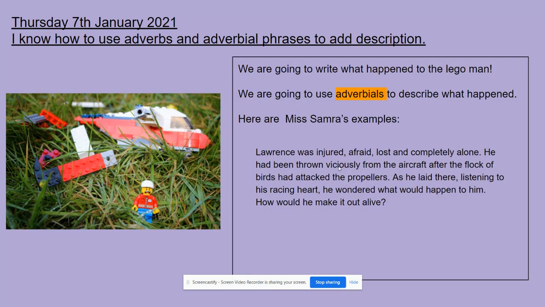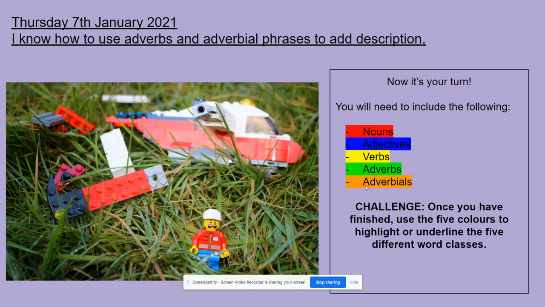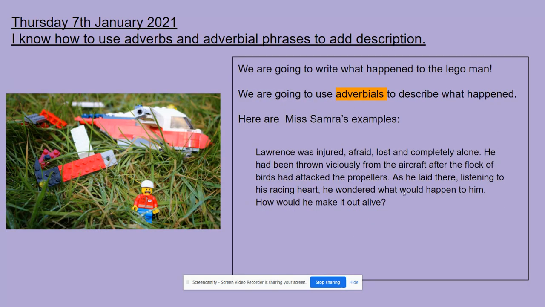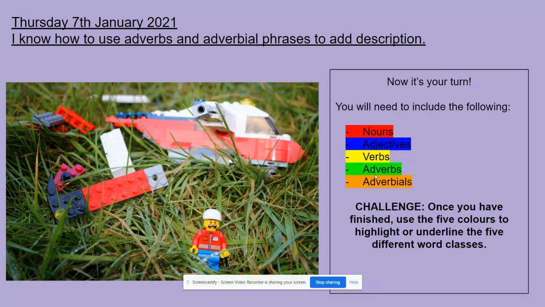So back here, viciously would be green. Adverbials, so groups of words that describe the doing word, the action, can be highlighted in orange. So for example, here we could have after the flock of birds had attacked the propellers. That's the adverbial. So that all could have been highlighted in orange.